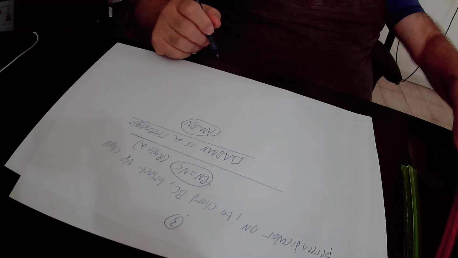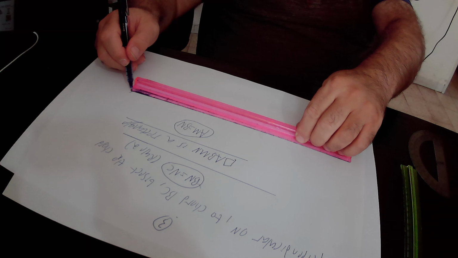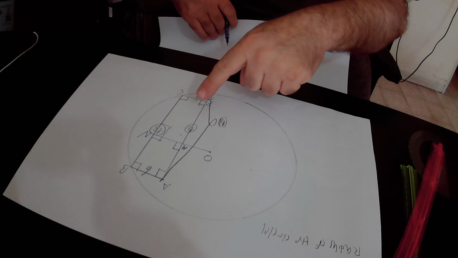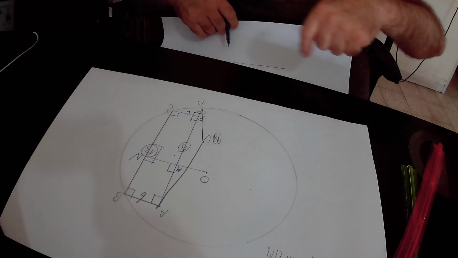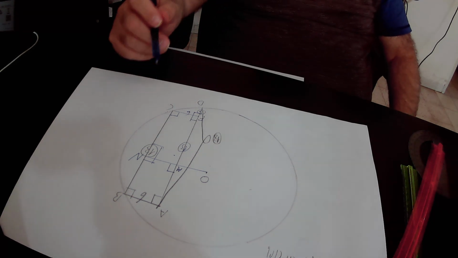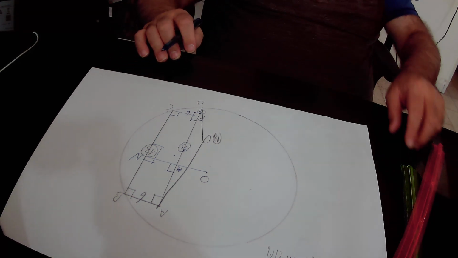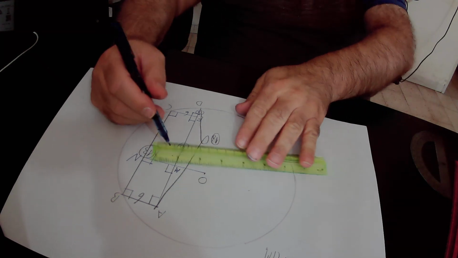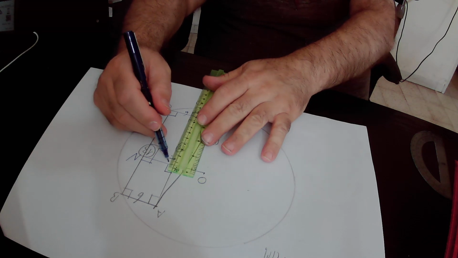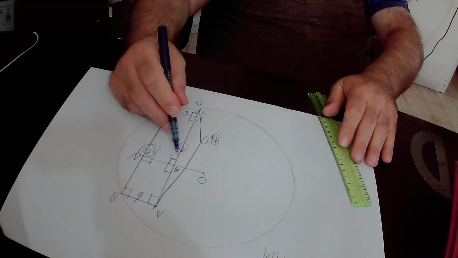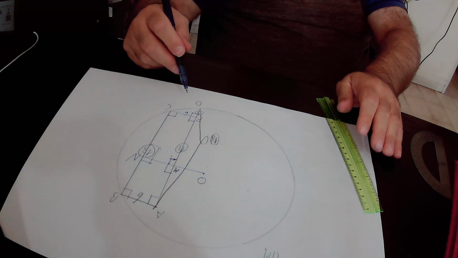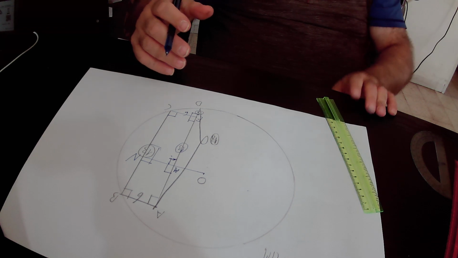Likewise, we'll focus on the lower quadrilateral MNEC. Inside this quadrilateral we have 1, 2, 3 right angles. Therefore, this fourth angle must also be equal to 90 degrees. That is to say, quadrilateral MNEC that has 4 right angles is a rectangle.